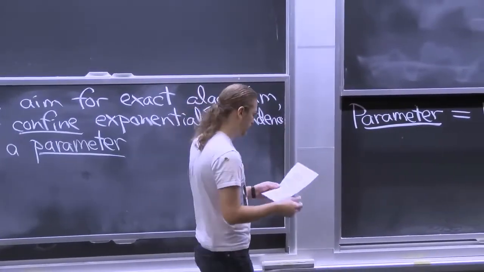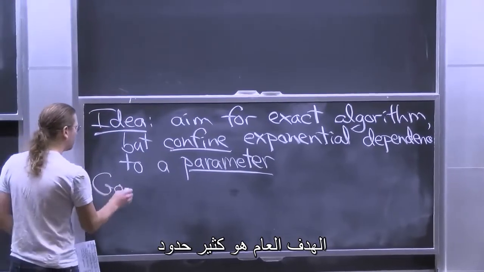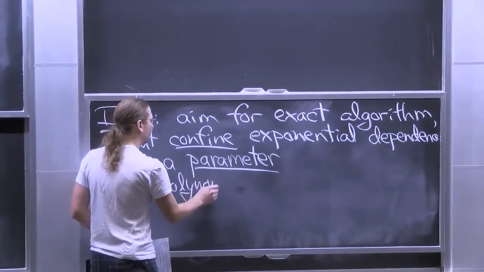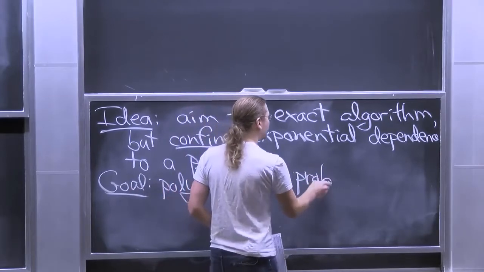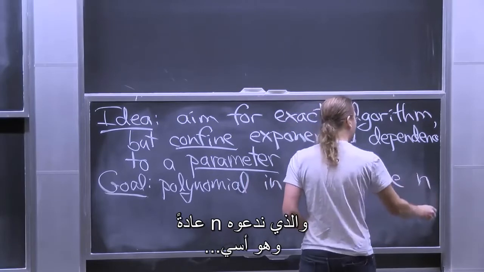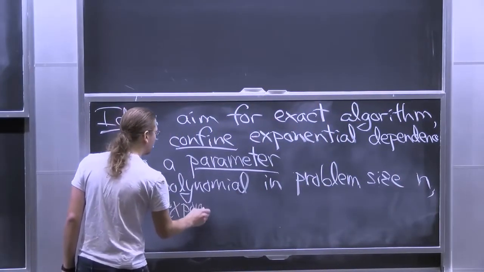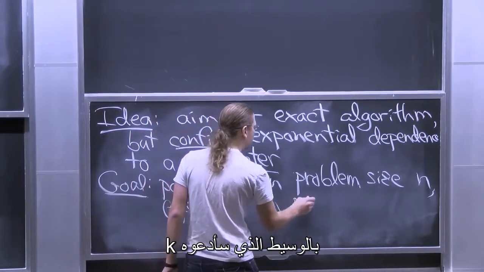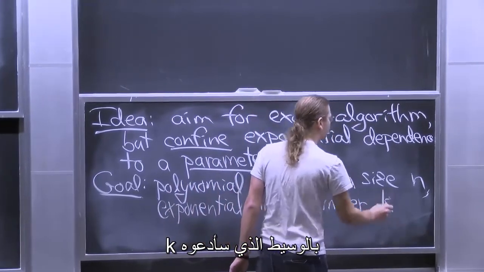So that's the general goal: polynomial in the problem size, which we usually call n, and exponential in the parameter, which I'm calling k.